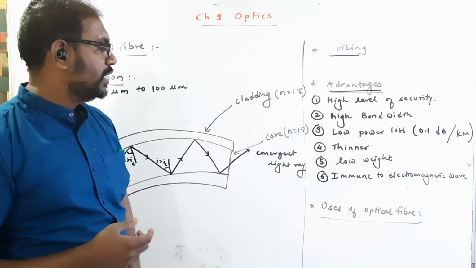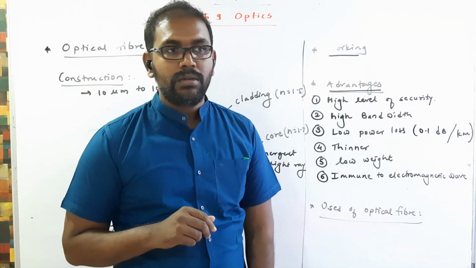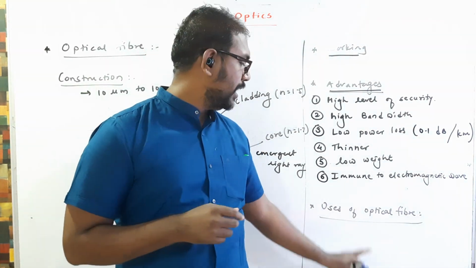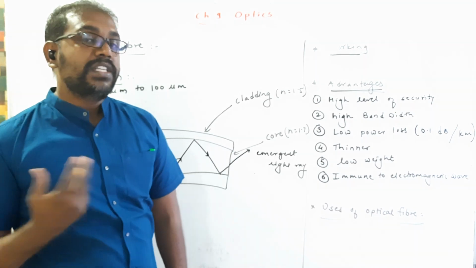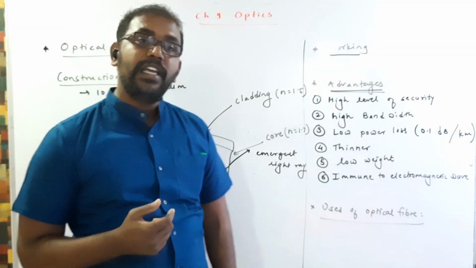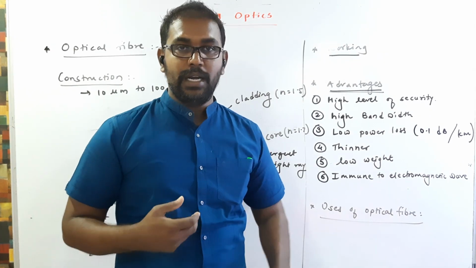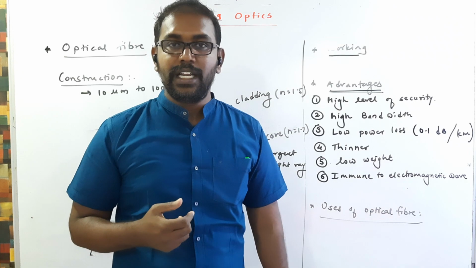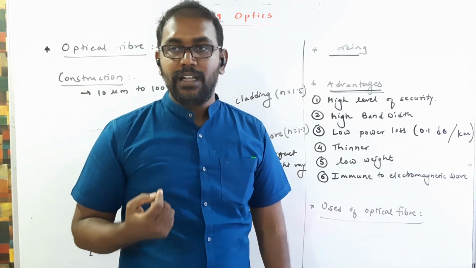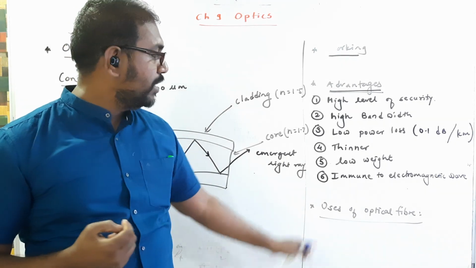Now the next use is that optical fiber is used in the medical field also. Now where it is used in the medical field, that I tell you. You may have heard of endoscopy. What is endoscopy? Endoscopy generally is used to observe internal body parts. अगर आपने कुछ खाया, गलत तरीके से कुछ खाया, कुछ अटक गया आपके गले में, then क्या है अंदर, कुछ डैमेज हुआ है नहीं हुआ है, तो वो देखने के लिए we can use optical fiber.